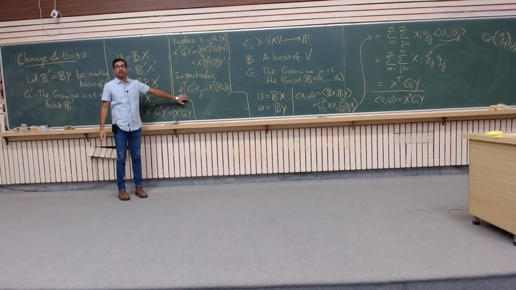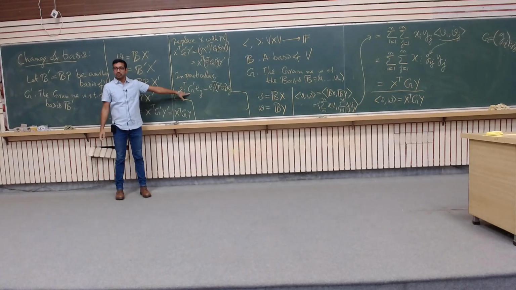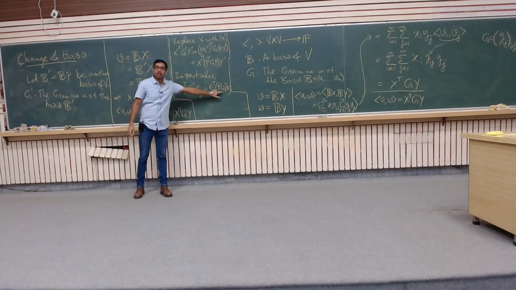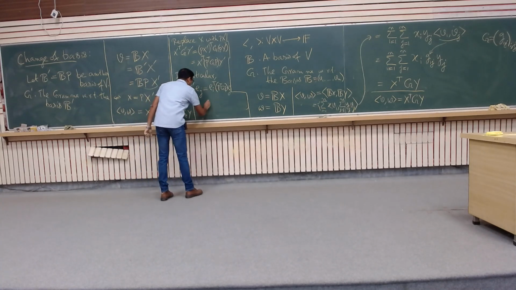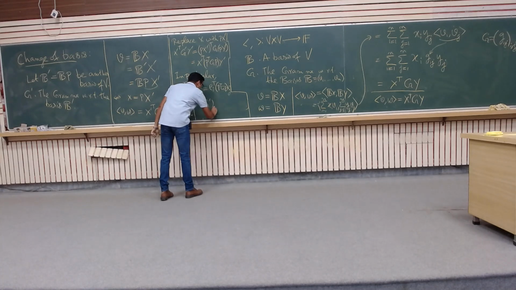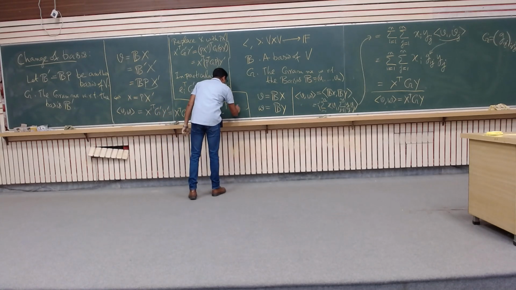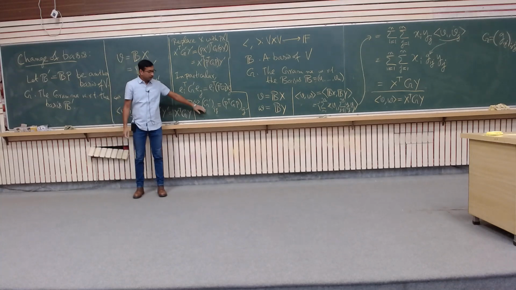Now what will this give? This will give the ijth entry of the matrix G dash, whereas this will give the ijth entry of this matrix P transpose G P. So this is if and only if G dash ij is equal to P transpose G P ij. So the ijth entries for all i, for all j are equal. That would mean that the matrices are equal.